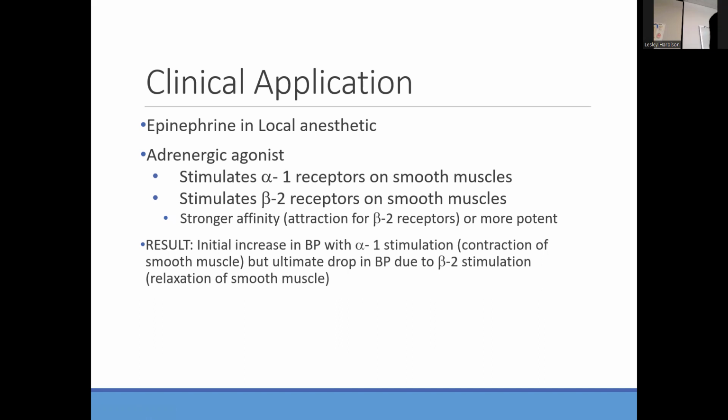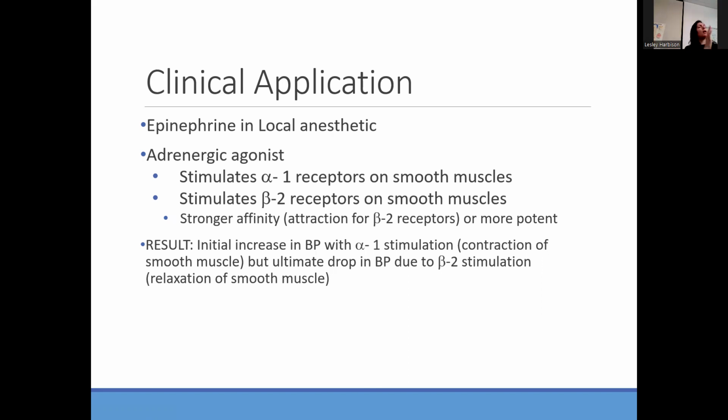People are always afraid of epinephrine: oh, it makes my heart race, I don't like epinephrine. Well, if you get too much local anesthetic, that's actually worse. Your body produces epinephrine. People can't be allergic to epinephrine. You can have a racing heart and a reaction to it, but you can't be allergic because we have it in our bodies.